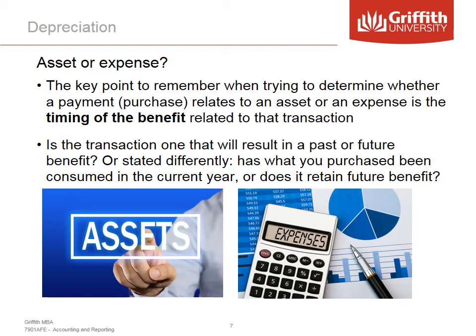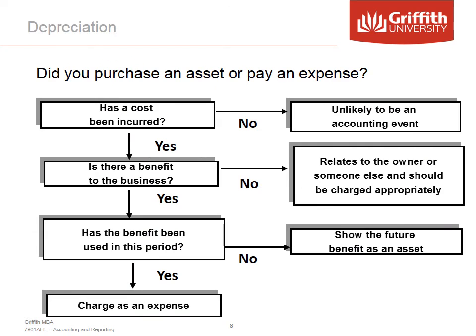However, if we haven't consumed all of the value and there is future value which is yet to come, then we can say that we do have an asset, and in that case we'll be depreciating that asset using these processes. They help you to make the determination of whether you are incurring a cost or whether you are acquiring an asset.